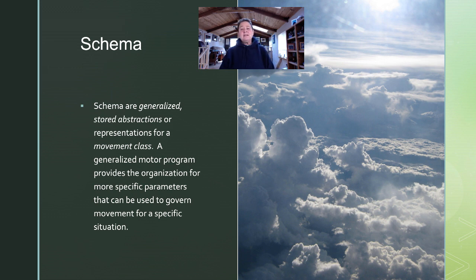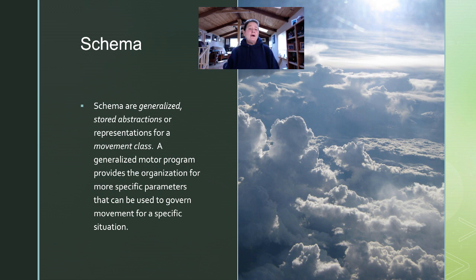With regard to schema, rather, what we have is a generalized, stored abstraction or representation. Abstraction means that it's not stored necessarily for its exact value, but rather it's stored based upon certain information that's important to that representation.